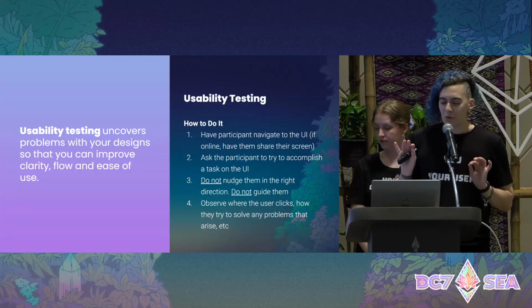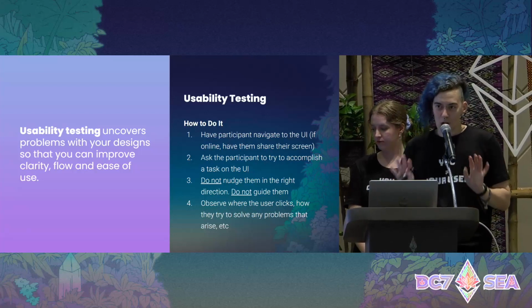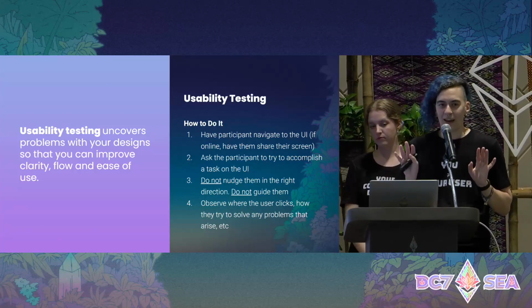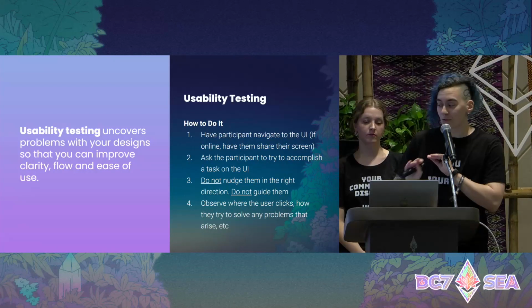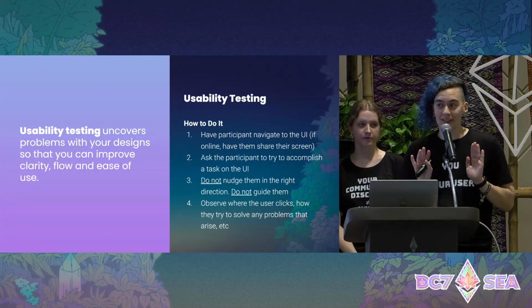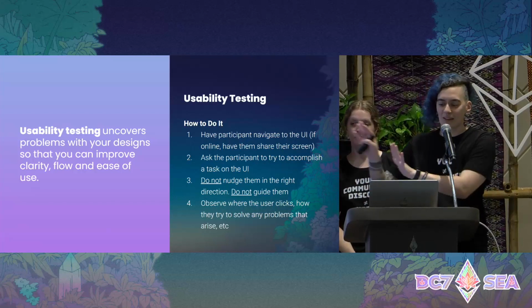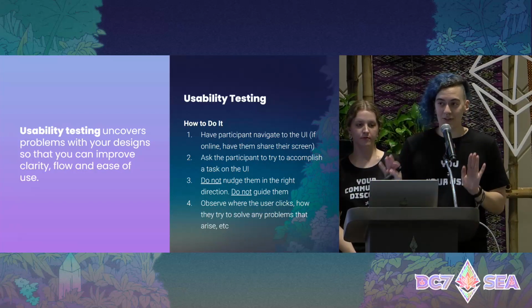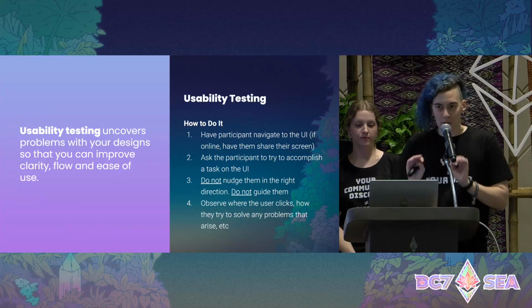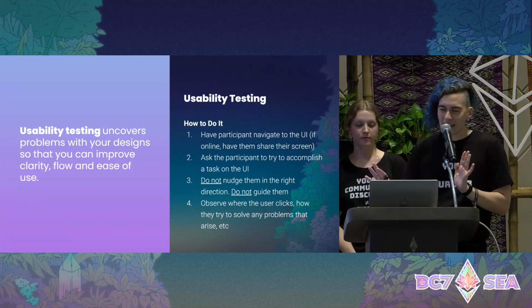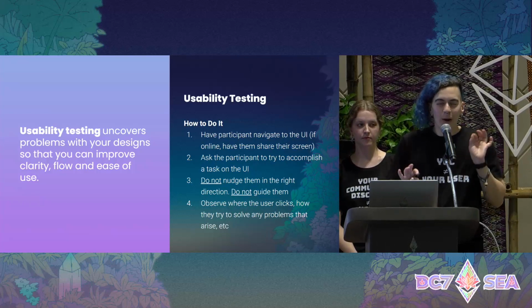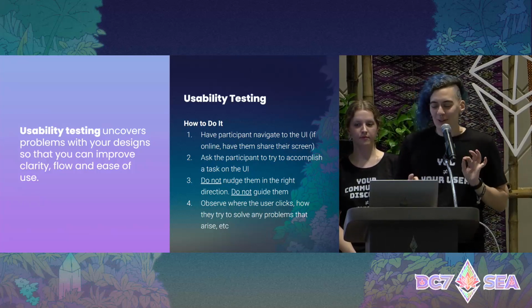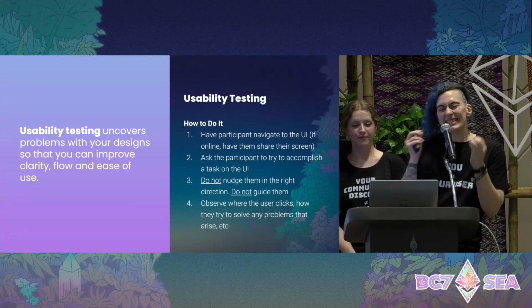Again, it's important for you not to interfere as much as you possibly can. Do not nudge the tester to a certain correct path. Do not guide them as much as you can. If you see someone really, really struggling, you can ask, but wait just a little bit longer, even though you're like, oh, this is so obvious.